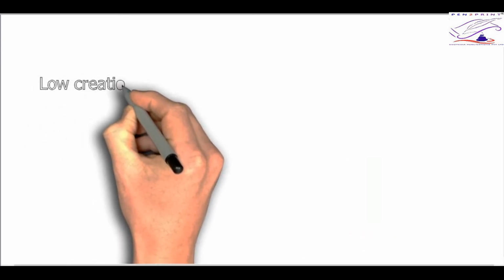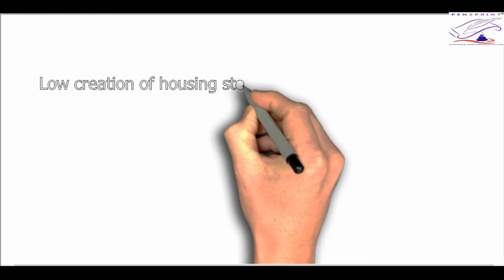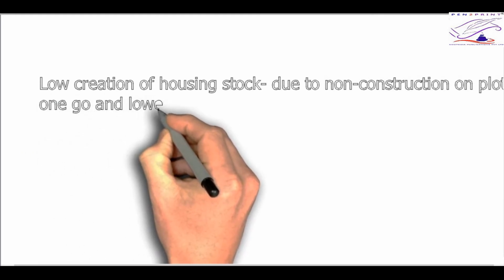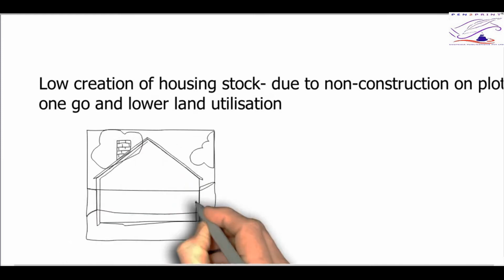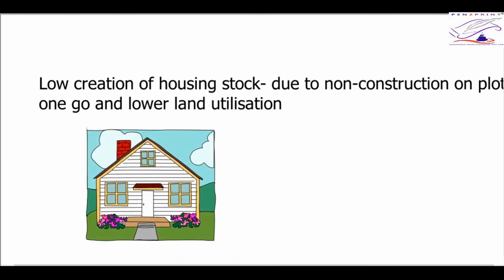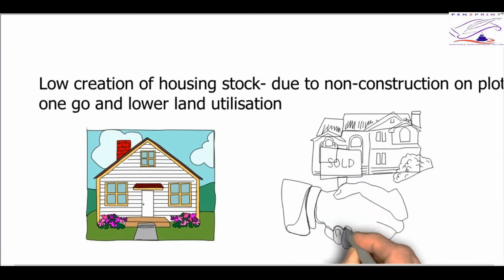Because of individual low creation of the housing stock, because individuals will construct generally one or two story buildings, and they will try to keep that for their personal use. So this will not lead to an increase in the housing stock of the city.